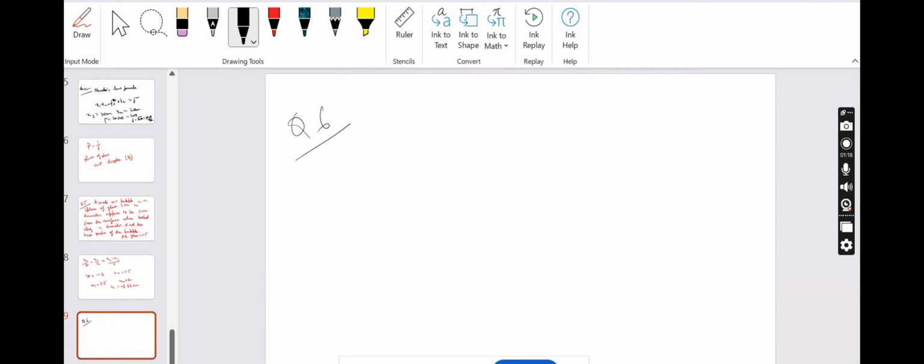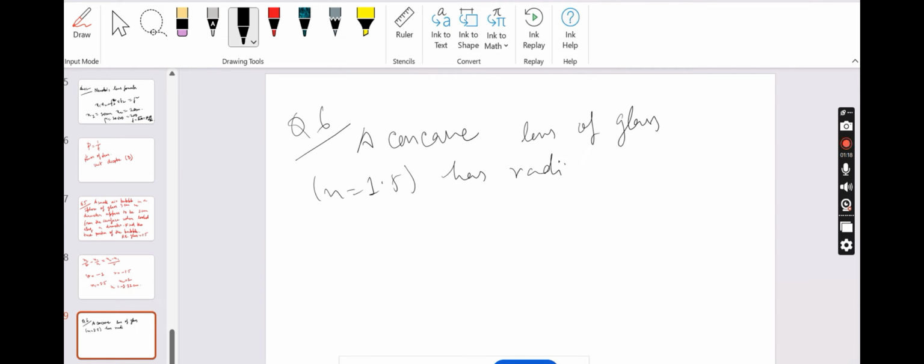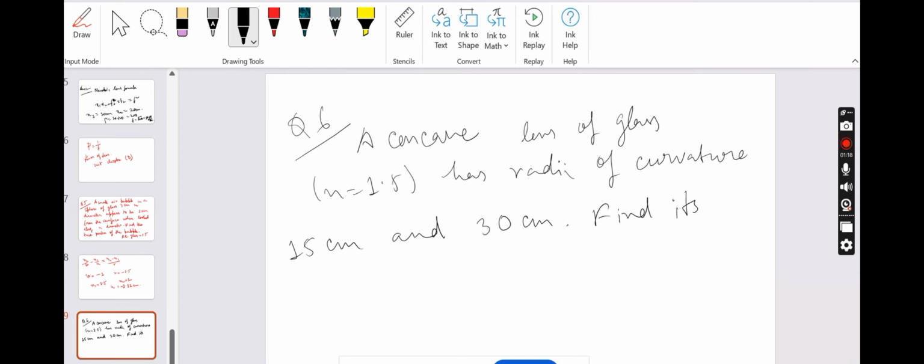And the last question is: a concave lens of glass, n is equal to 1.5, has radii of curvature 15 centimeter and 30 centimeter. Find its focal length in air.